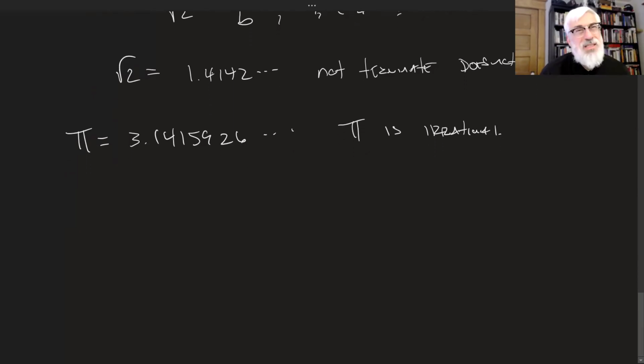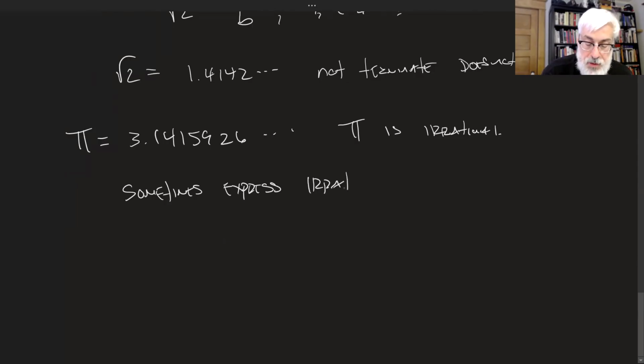This gets a little bit into set operations that we don't want to get into here, but sometimes we express the set of irrationals as the real numbers without the rational numbers.